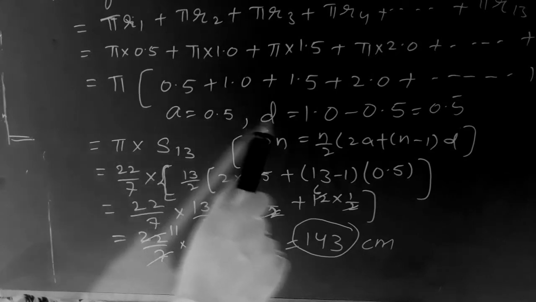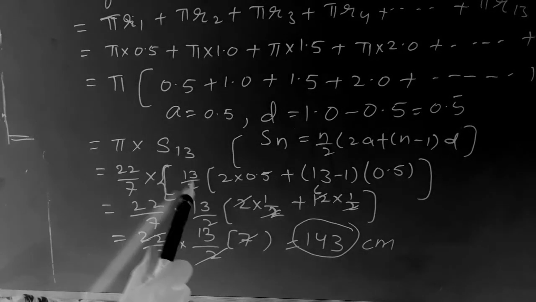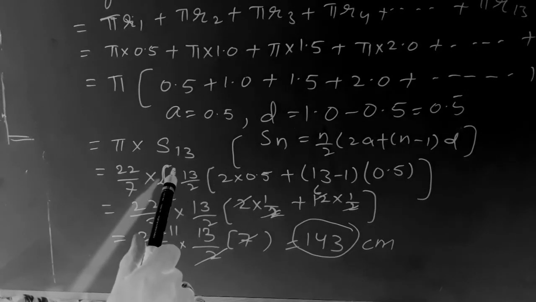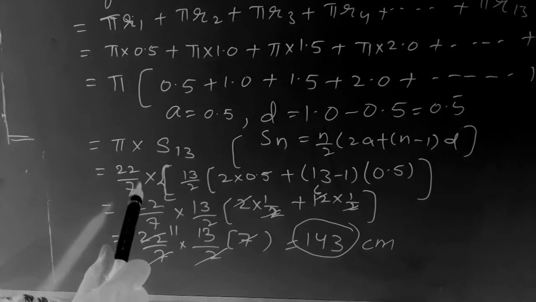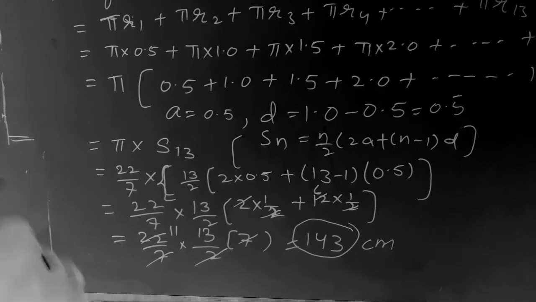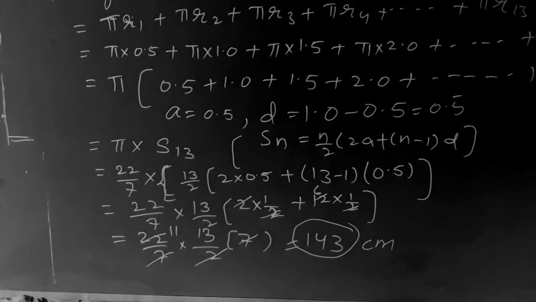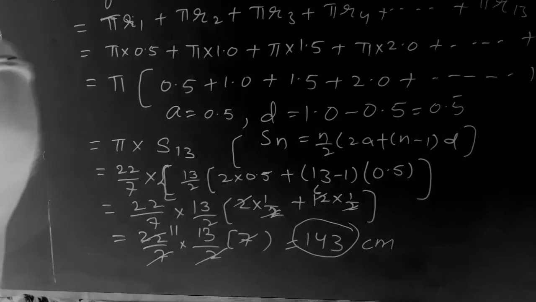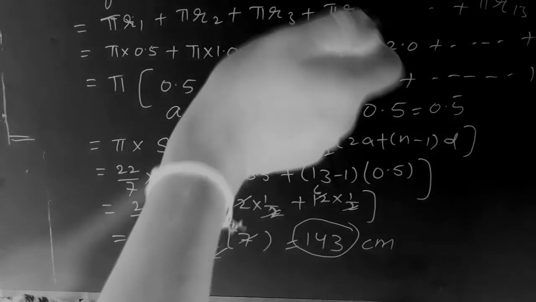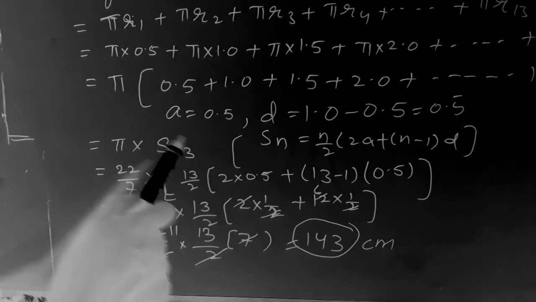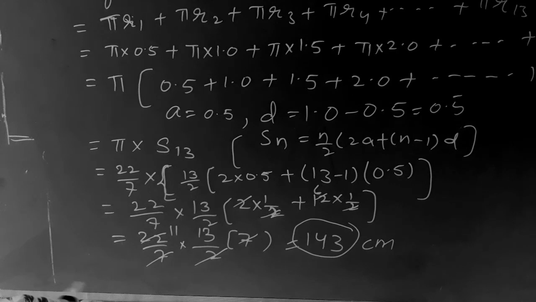Find the total radius using the formula S13. Then the circumference, the perimeter of the semicircle, is pi into r, so multiply that total radius S13 with pi. That will give you the answer.